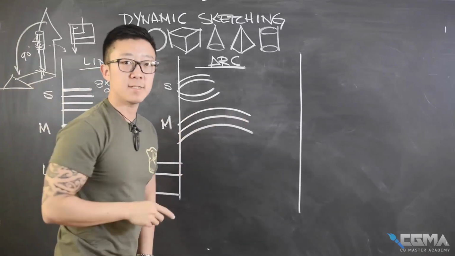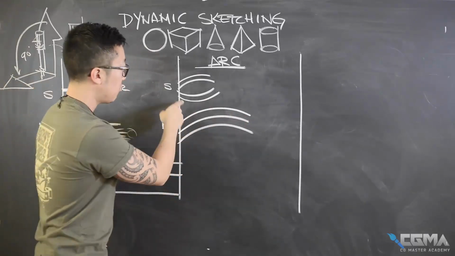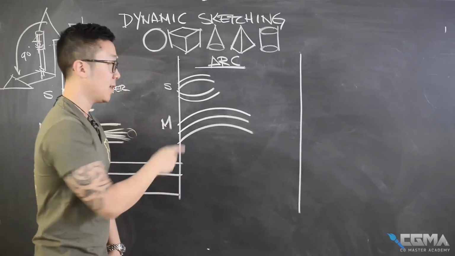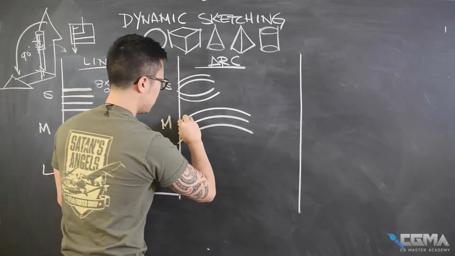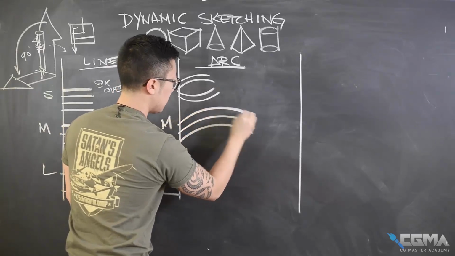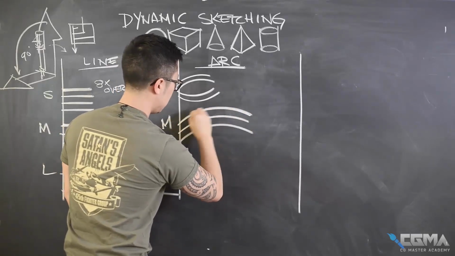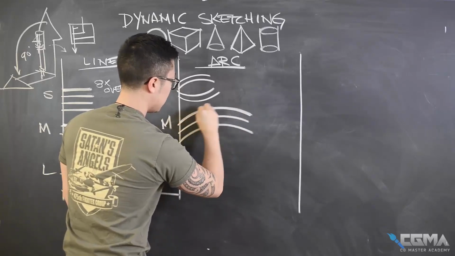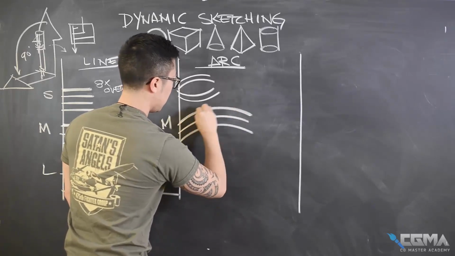And we'll be doing one more section over here, okay? So now we have small, medium, and we'll be doing a longer version of the arc. And again, we're going to go over these 8 times over, okay? 8 times. Maintaining control, 1, 2, 3, 4, 5, 6, 7, 8.